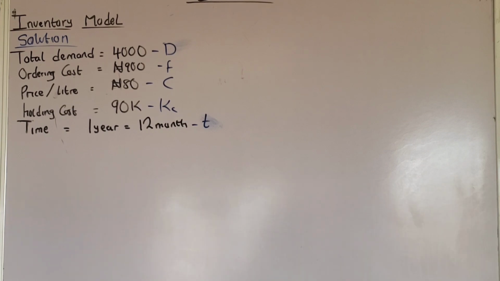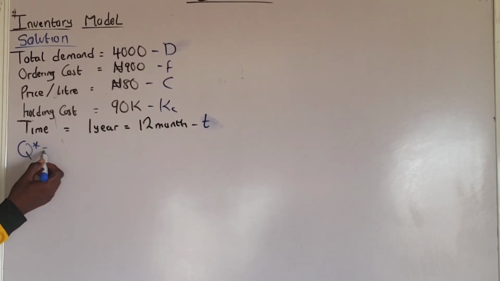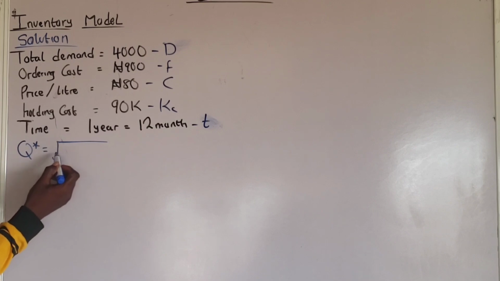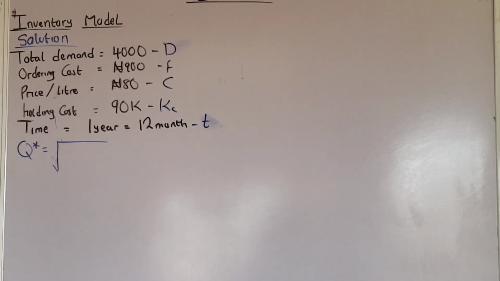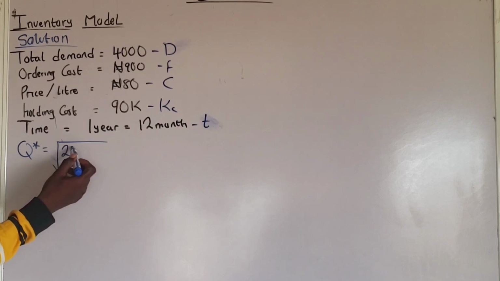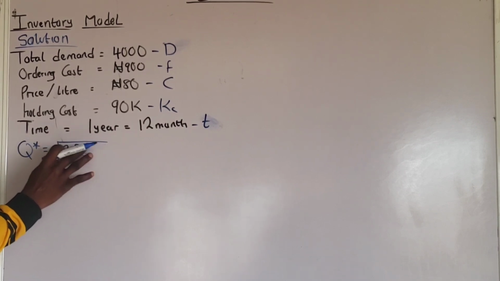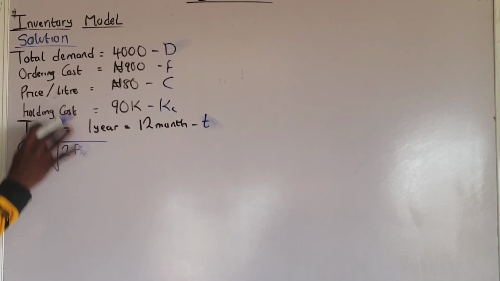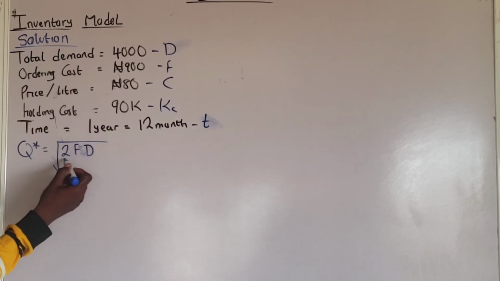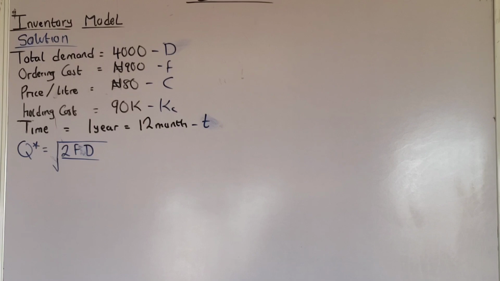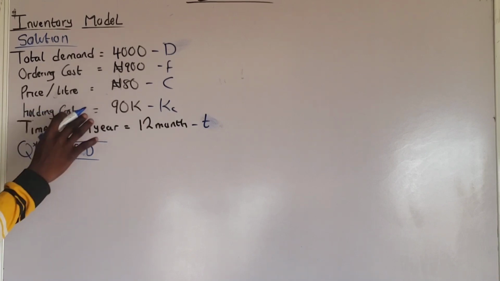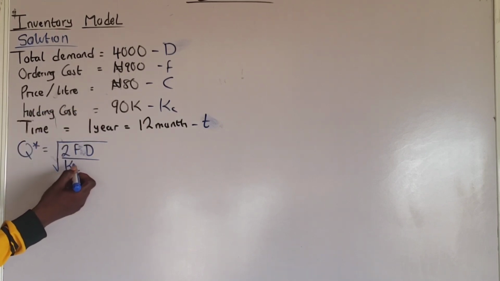Q, the optimum quantity to be ordered at a time, Q asterisk is equals to, please pay attention, the square root of 2 multiplied by ordering cost multiplied by total demand, which is D, all over KC, holding cost multiplied by time.